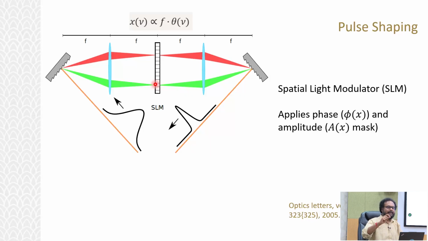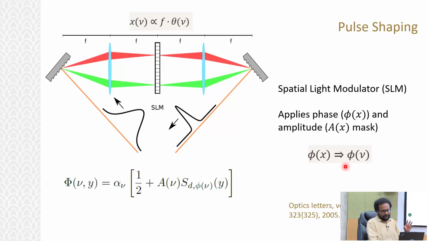You apply a voltage, and depending on the voltage, the liquid crystal molecules will align, pixelated, and then you apply phase and amplitude masks pixelated as a function of some x spatial direction. Okay, remember now, if I apply some kind of phase mask here as a function of x, that is equivalent to applying a phase mask as a function of frequency, because I have dispersed the frequency.